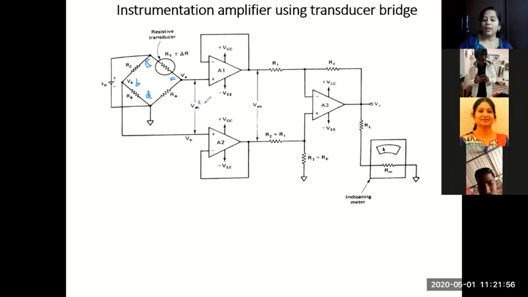So how do you find VAB? It is VA minus VB. So VAB is the voltage from point A to point B, the output of the Wheatstone's bridge network.